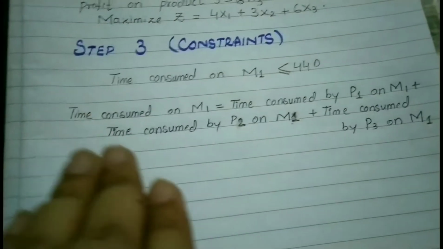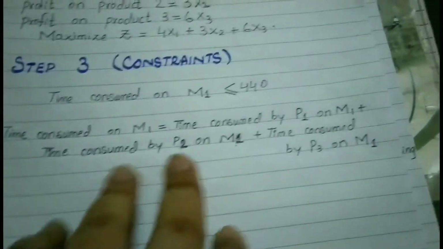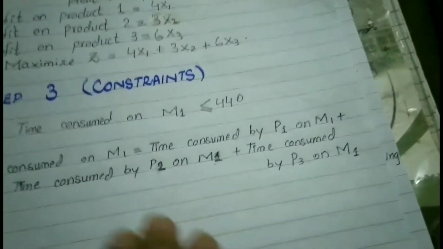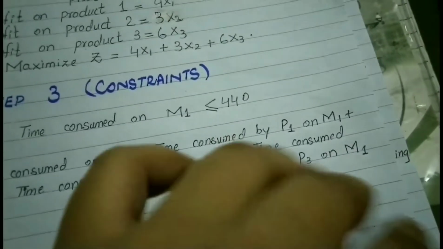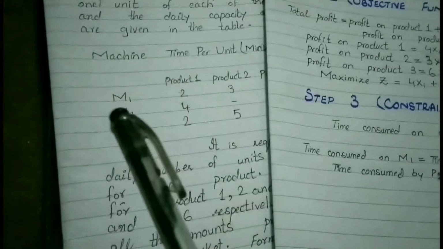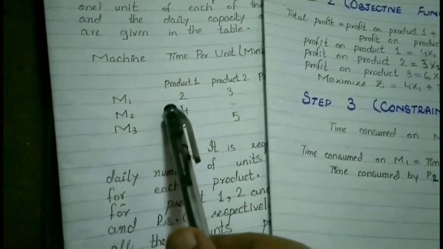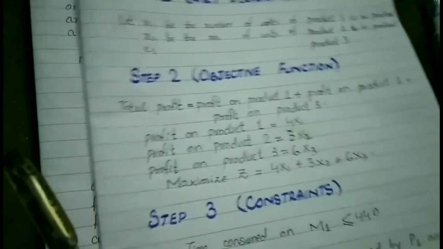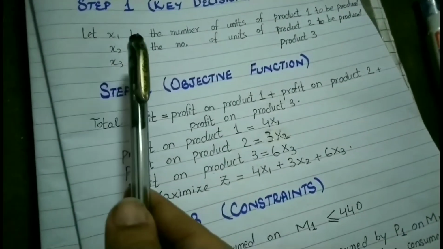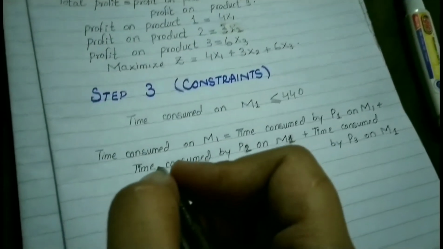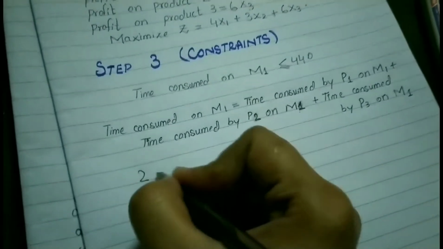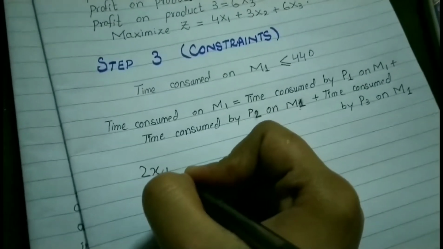In the formula, time consumed on M1 is equal to time consumed by P1 on M1, plus time consumed by product 2 on M1, plus time consumed by product 3 on M1. So time consumed by product 1 on machine 1 is 2, and we have supposed that for product 1 our decision variable is x1. So time consumed by P1 on M1 will be 2x1.